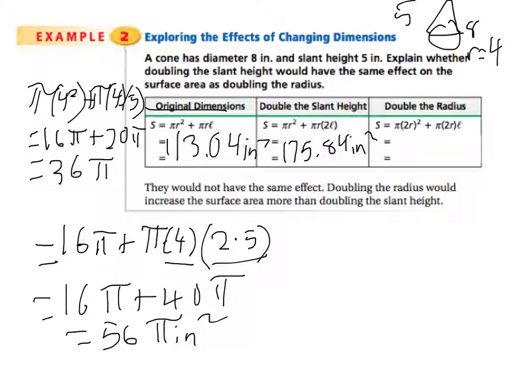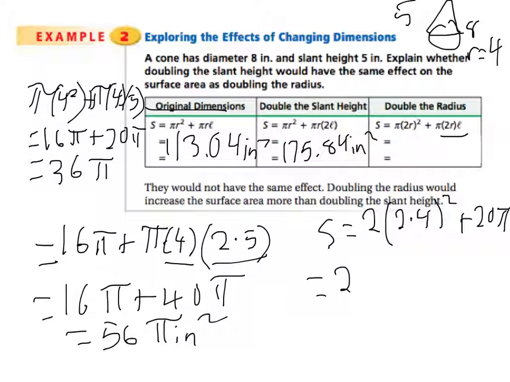Not even double. Now lastly, we're going to double the radius and see what happens. So this is doubling the radius. So 2 times 4 squared plus, and we know that this second part is going to be 20 pi. So that's going to get us 2 times 4 is 8. 8 squared is 64. Oh, did I forget a pi? I forgot a pi.